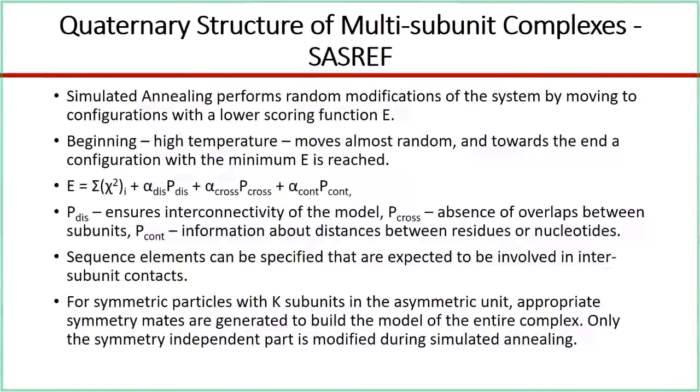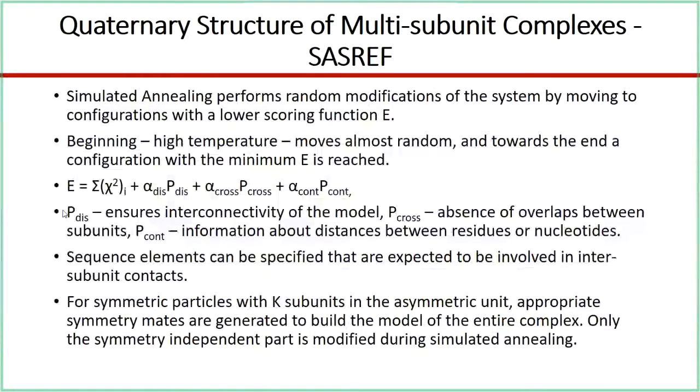So SASREF differs in that simulated annealing is performed to move the domains around, when you know the domains of the same large protein, or the subunits of a multi-component complex.